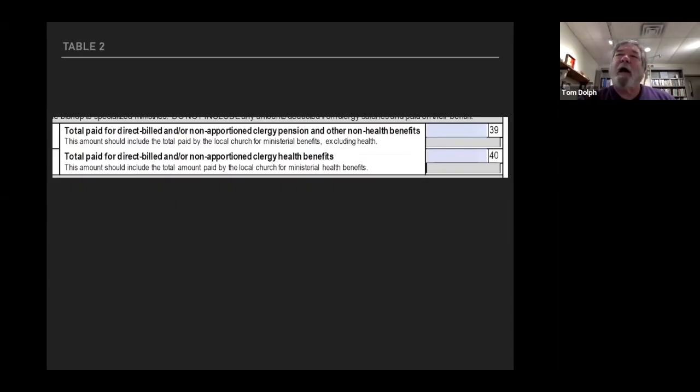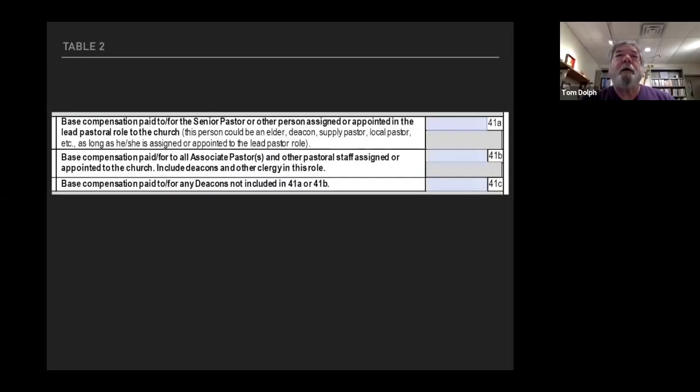When you fill that out online, because there are separate PDFs and a single online worksheet, those figures will be imported for you for all your clergy. Whatever clergy expenses that you have will be imported from your worksheet.